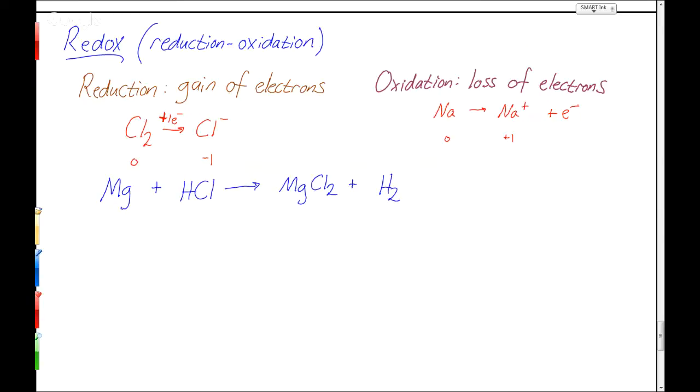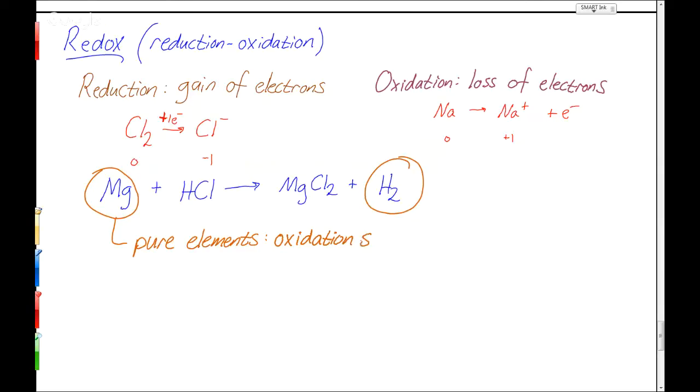So in a reaction like this, the most clear way that you can look for the existence of oxidation and reduction is to look for atoms that are in their elemental state. Okay. So the oxidation state, or the charge of a pure element, we're going to use this term oxidation state, which is not exactly the same as charge, but will work fine for us.